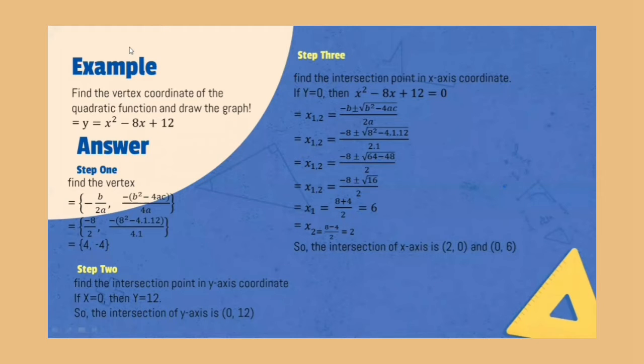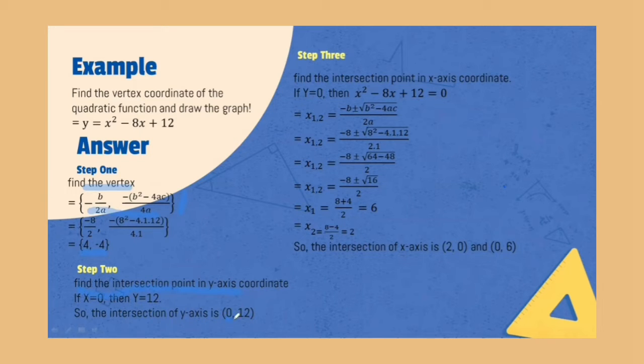Here is the example. Find the vertex coordinate of the quadratic function and draw the graph. How to answer this? You need to find the vertex first with the formula I brought in here, and the result is 4 and negative 4. Step 2 is to find the intersection point on the y-axis, and we got the result 0 and 12.